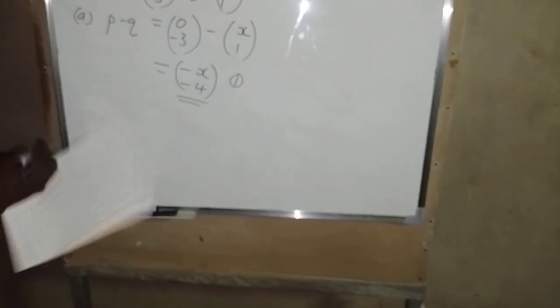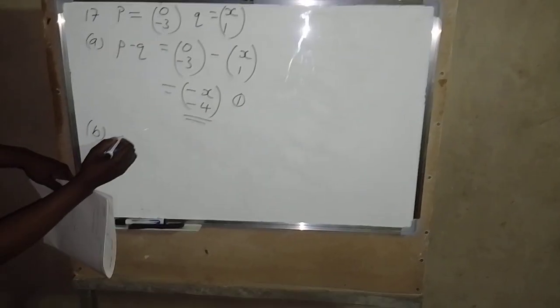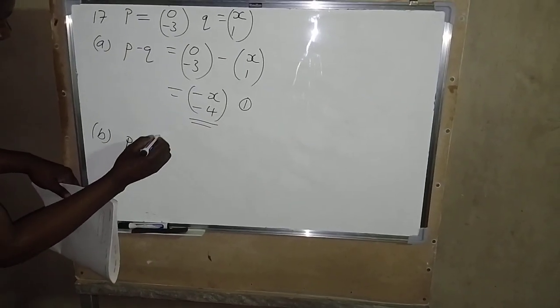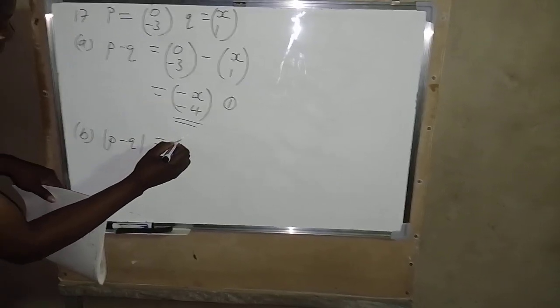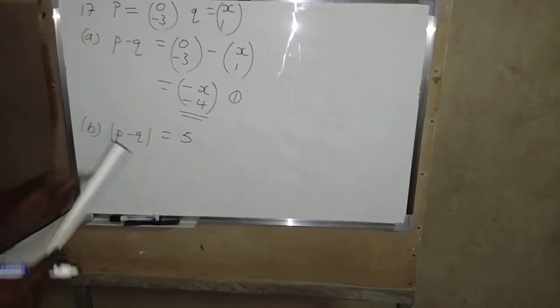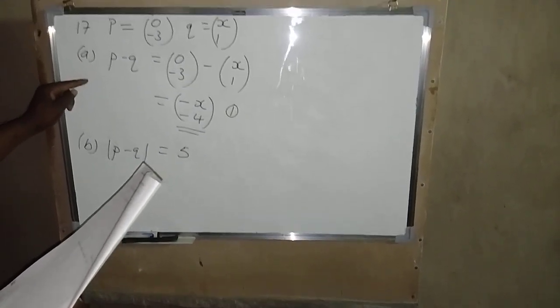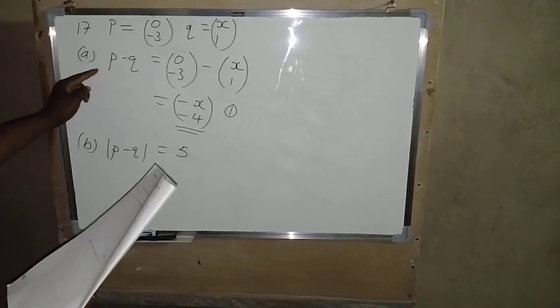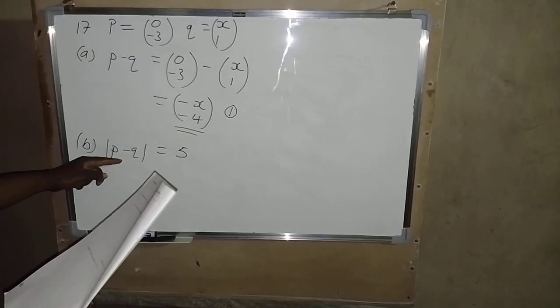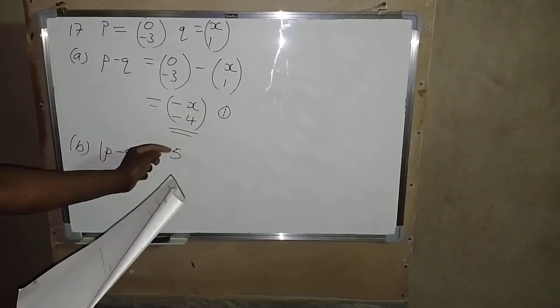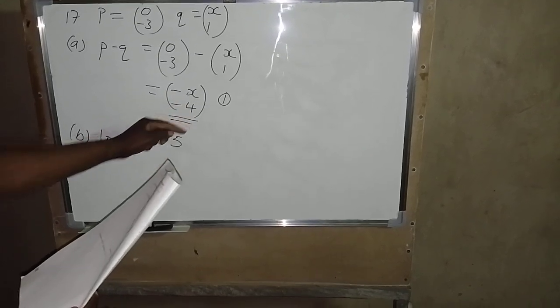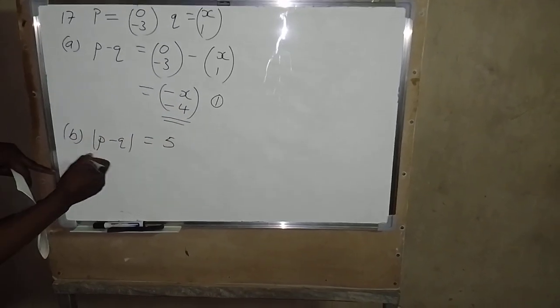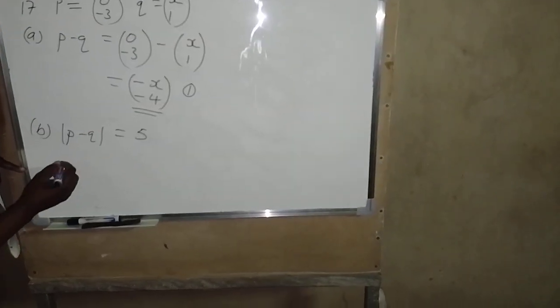In question B, given that the modulus of p minus q is equal to 5, we are using the value of p minus q from item A. Then we are going to find the magnitude of (-x, -4).